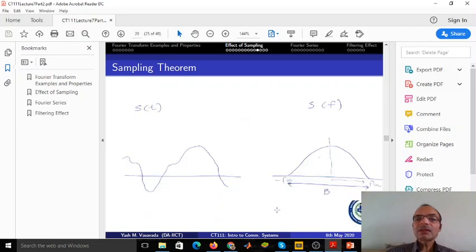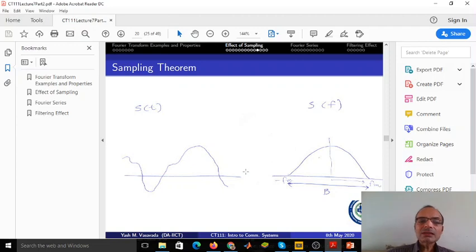And so that is why this S of f becomes periodic in the frequency domain. So let us see that. Let us say that s of t, the small s of t time domain signal, looks like this, and its spectrum looks like this with a certain bandwidth B, meaning that S of f is 0 outside of this range.